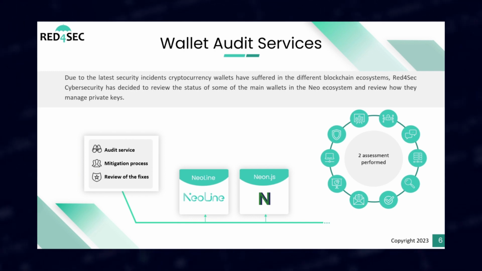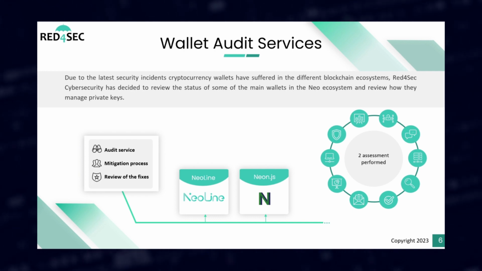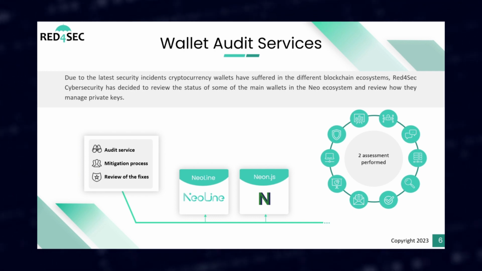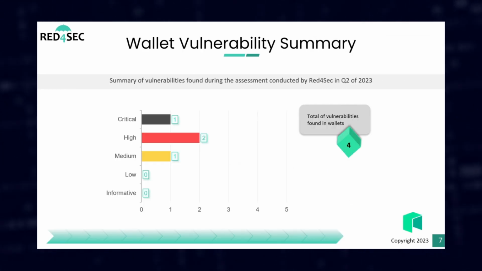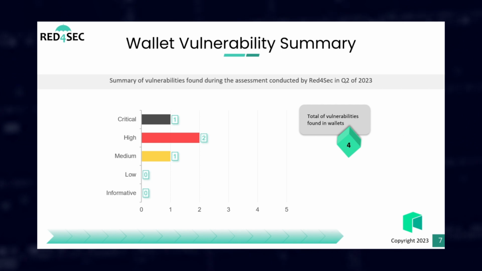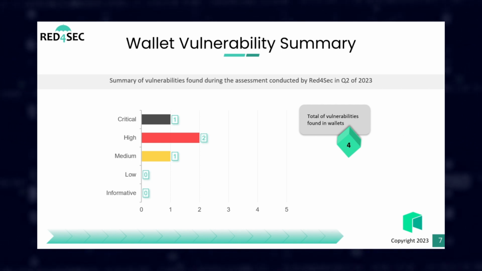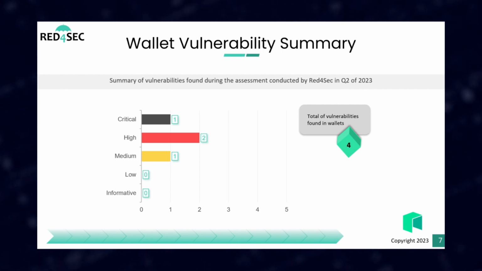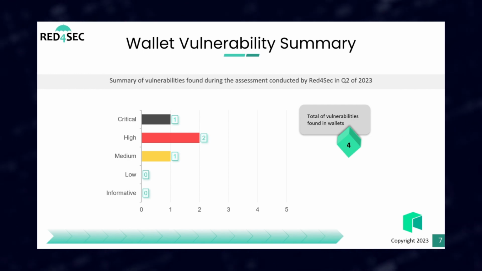The associated projects have been informed of these findings. So far, we have reviewed Neoline Wallet and Neon GIS, where we found and reported 1 critical vulnerability, 2 high risks, and 1 medium risk issue, for a total of 4 vulnerabilities.